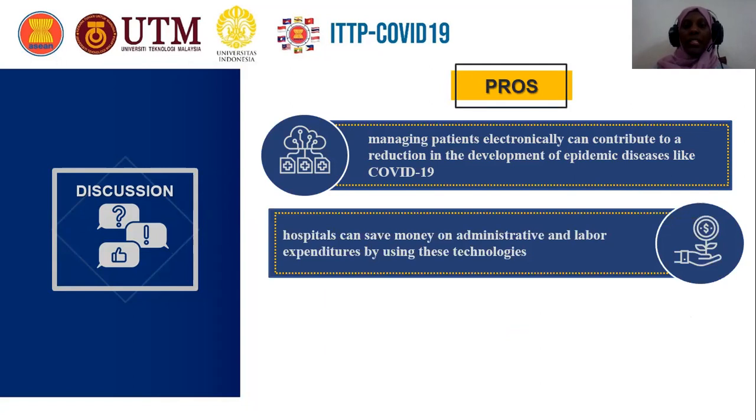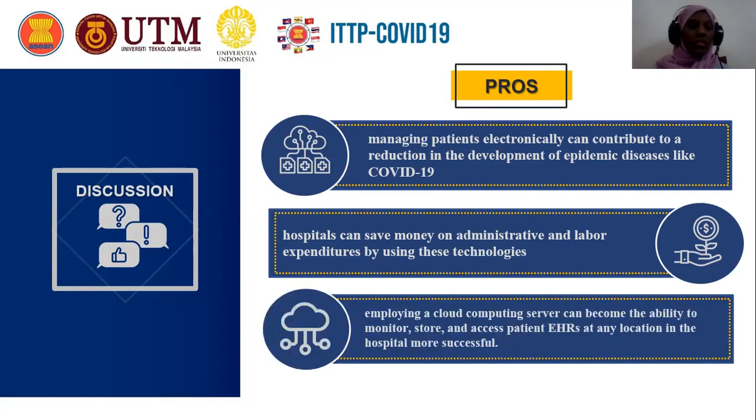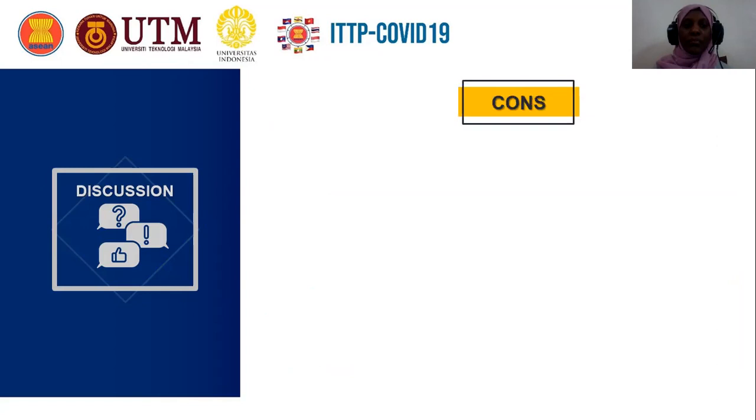Also, the hospital can save money on administrative and labor expenditure by using these technologies, and by employing a cloud computing server, the ability to monitor, store, and access patient electronic health records at any location in the hospital becomes more successful, and this will increase the seamlessness of information transfer between the staff.